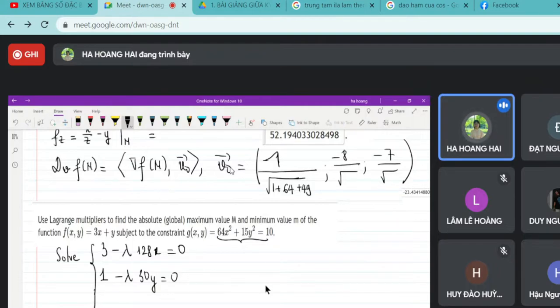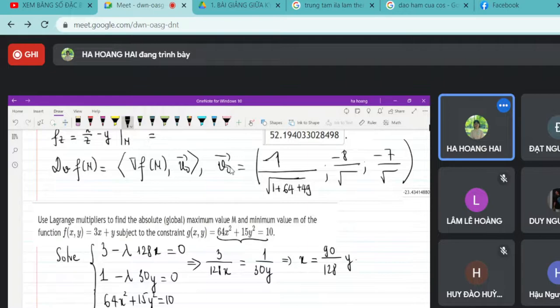We combine with the condition equal to 10, right? And from here we have the relation between x and y by eliminating lambda. So we have 3 pi x equal to 1 pi 30y, so it means x equals 90 y.